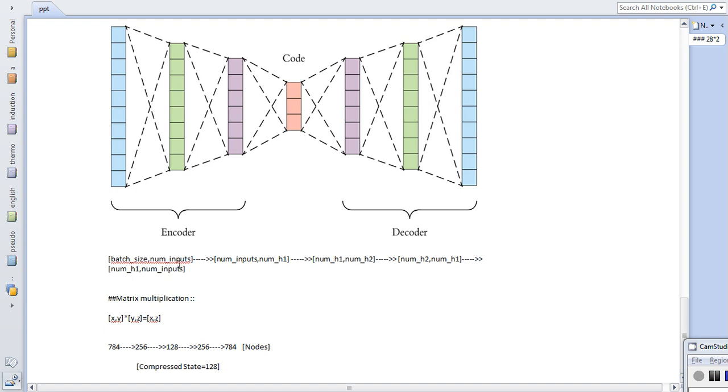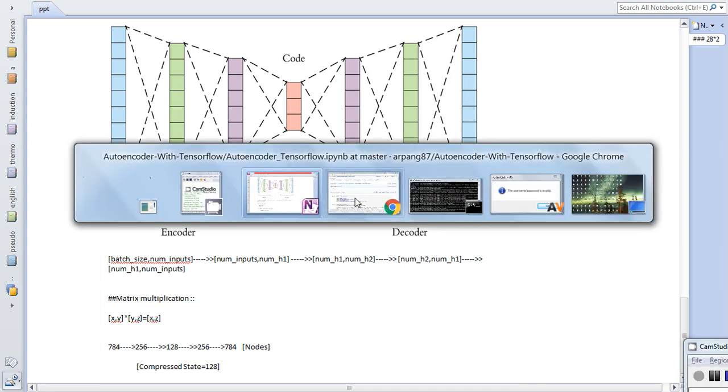So it's like going from the input, using the encoder, and converting into the compressed state, which is num_h1, num_h2, and then you are finally achieving the same image in the form of 784 pixels. So 784 is converted into 256, converted into 128, and then decoded again to 256 and 784. So let's go to the coding section of this tutorial.